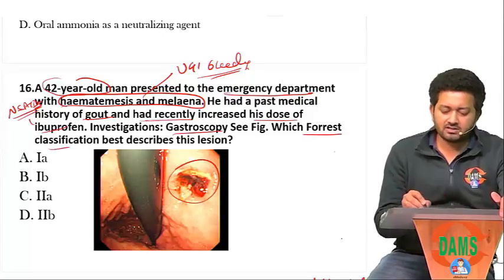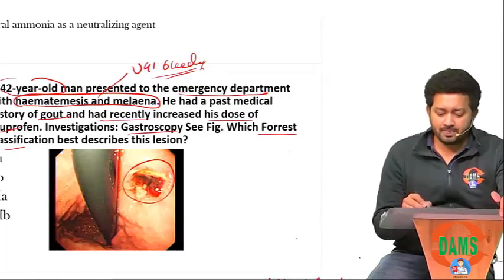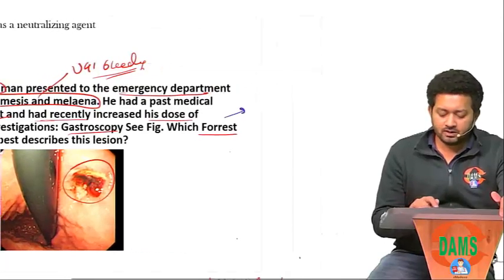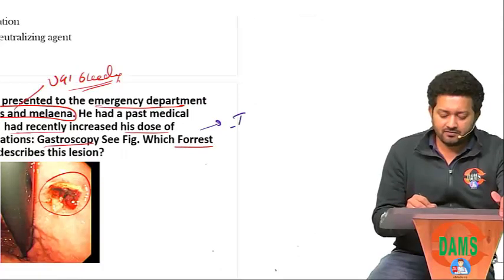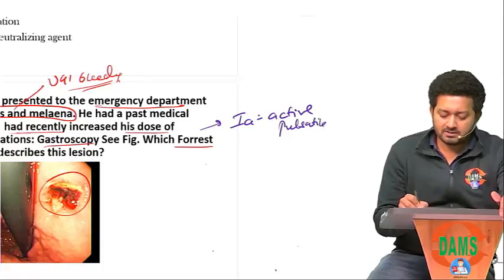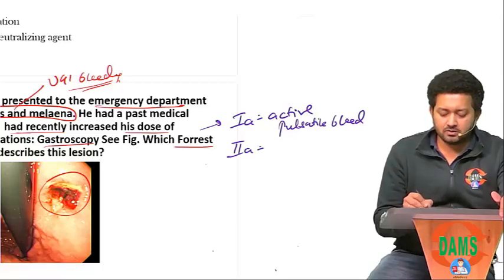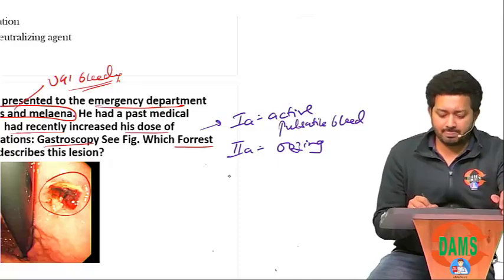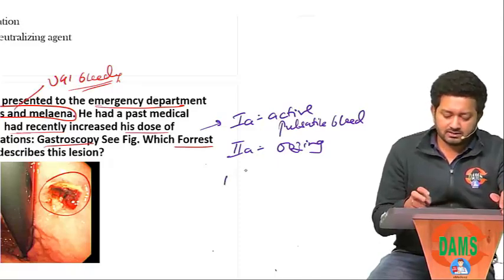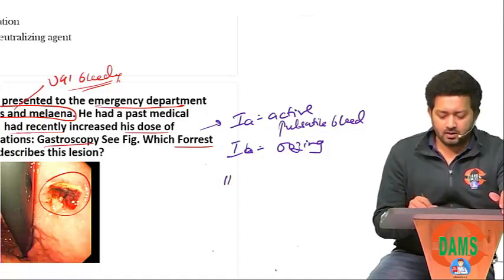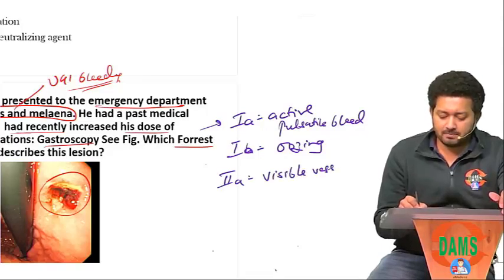Forest classification. See, Forest classification is the classification of upper GI bleed on endoscopy. So as per the Forest classification, 1A is when there is active pulsatile bleed. Okay, you will see pulsatile bleed. 1B is oozing, which means there is active bleeding, but it is not pulsatile. 2A is when there is a visible vessel at the base of the ulcer.